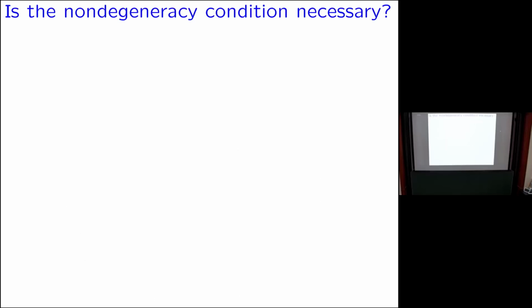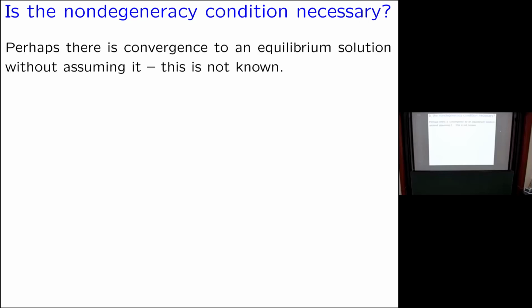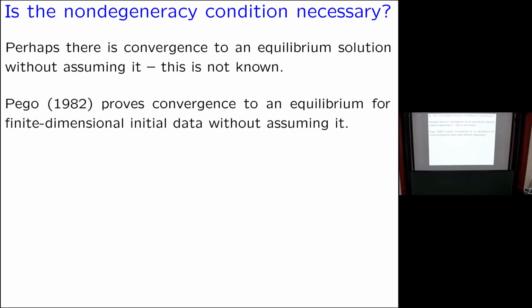Well, the natural question is whether this non-degeneracy condition is necessary to prove convergence to equilibrium. Perhaps there's convergence without assuming it, and unfortunately this is not known. That's an interesting question. So what is known? Bob Pego proved convergence to an equilibrium for finite dimensional initial data of the type I mentioned before.